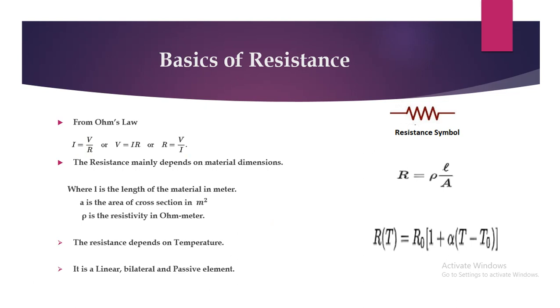We can say that V is directly proportional to I. When we take the proportionality constant as R, then we get V is equal to IR. For calculation purposes, we can write V is equal to IR also. Some basic equations when we want to find out the current, voltage and resistance. These three are the basic equations.